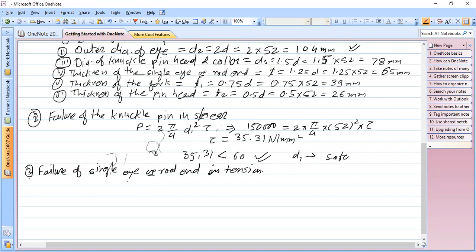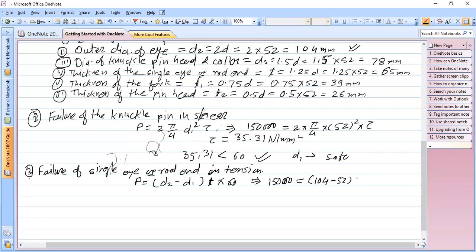For this we have one formula. P is equal to (d2 minus d1) into t into sigma t. Now using this, find out the sigma t value. 150 into 10 to the power 3. d2, how much did we get? 104 minus 52.